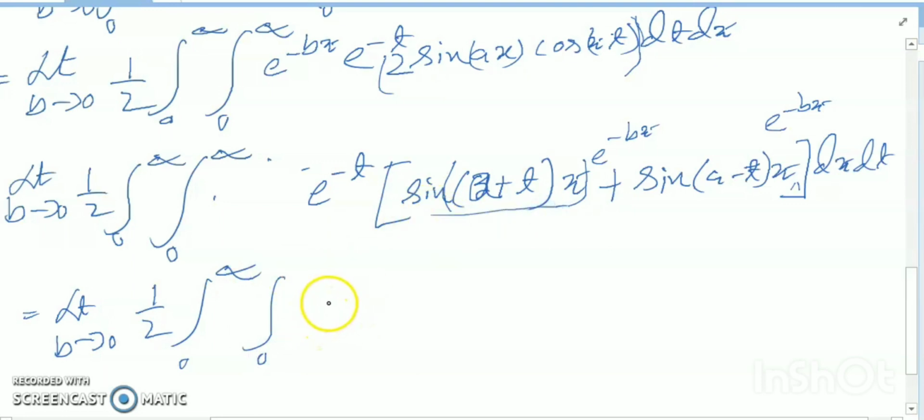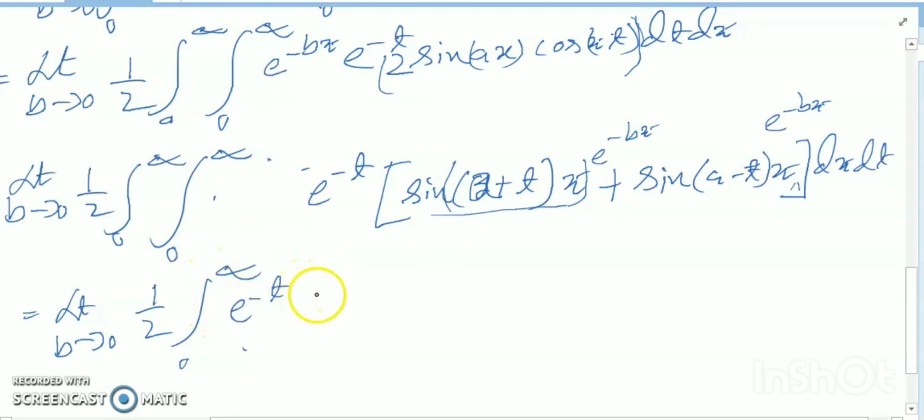So it can be written as the integral from 0 to infinity; I just remove this, e to the power minus t I can write because I do not operate this portion. I operate in here.